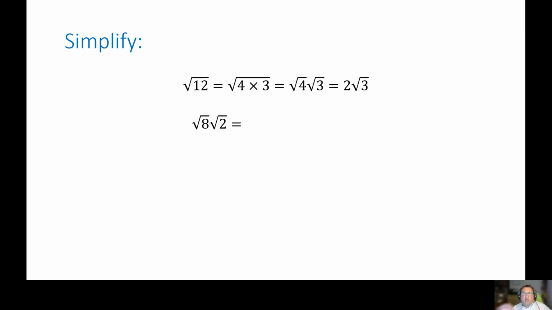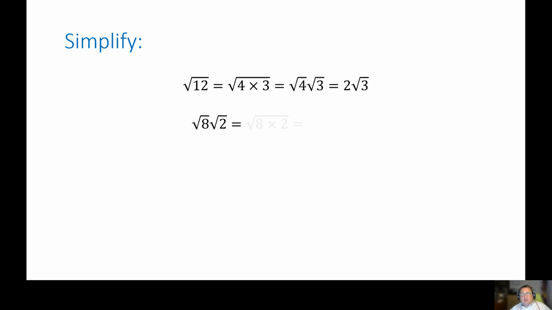So one possible way would be to follow the same method as we've just done previously, so it would be square root of 4 times 2.